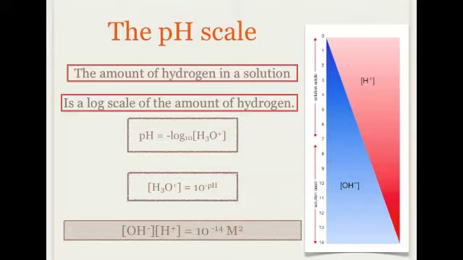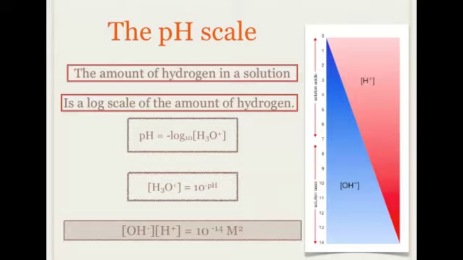So all you need to do with a calculator is type in negative log of the concentration of hydrogen in your solution, and you find out the pH. You can reverse this and work out that the concentration of hydrogen is equal to 10 to the power of negative pH. And these three formulas are what you're going to use for all your calculations involving pH.